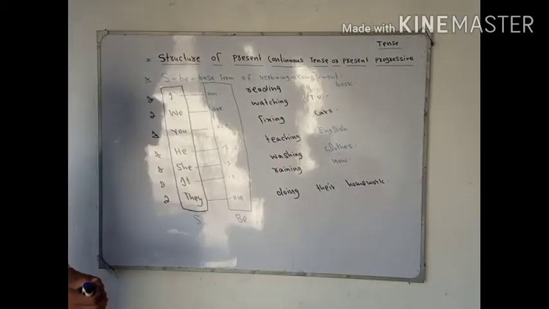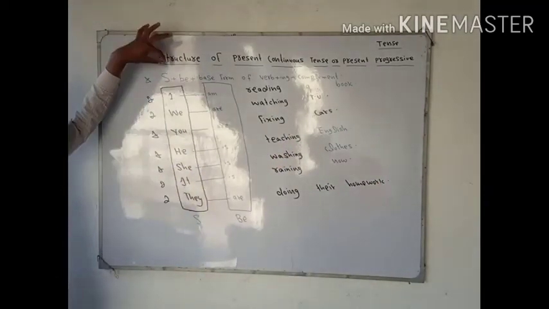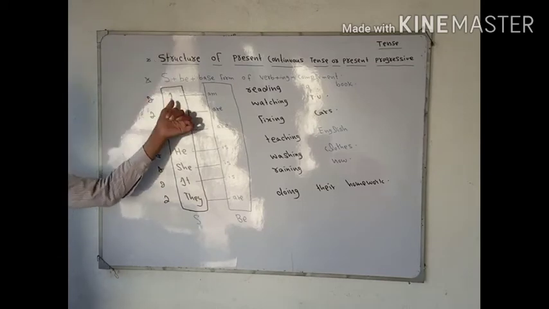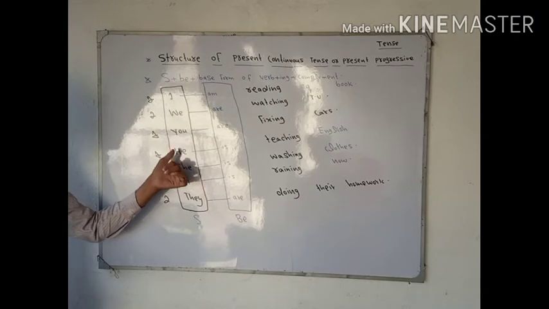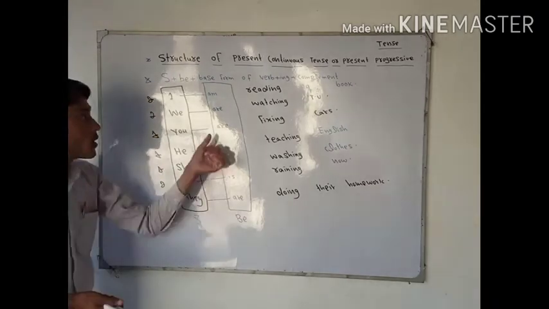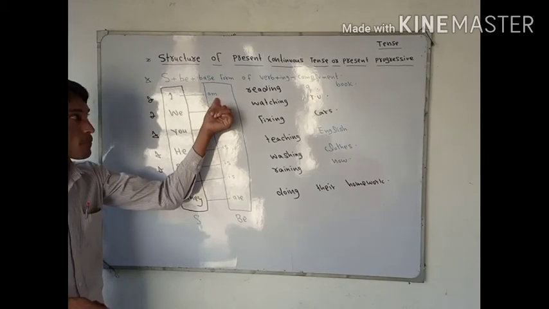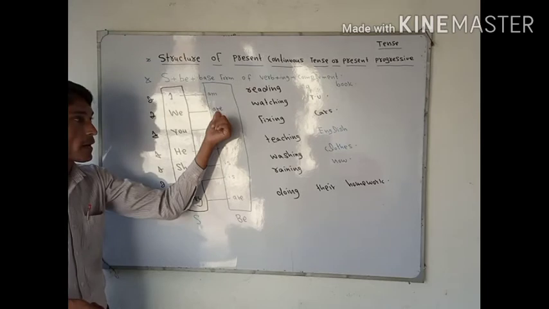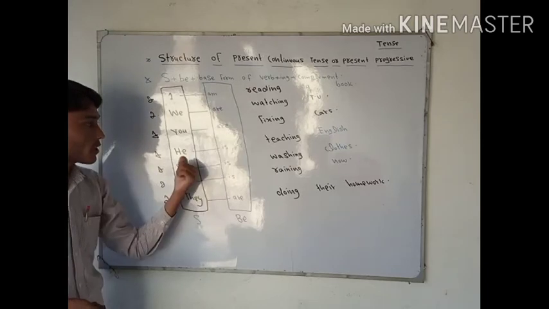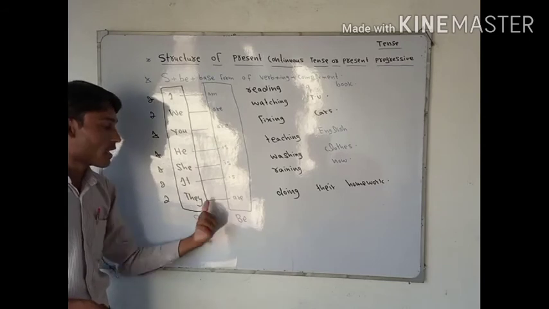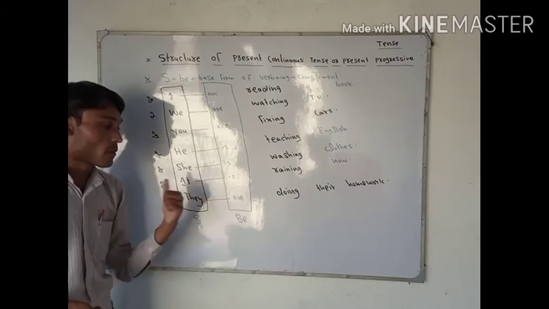Now, according to this formula, first of all we need a subject. What are the subject pronouns in this case? We have I, we, you, he, she, it, and they. I is followed by am, we is followed by are, you is followed by are, he is followed by is, she is followed by is, it is followed by is, and they is followed by are.